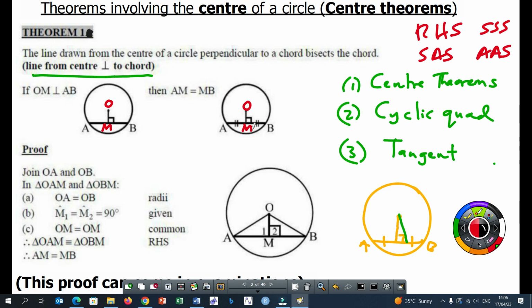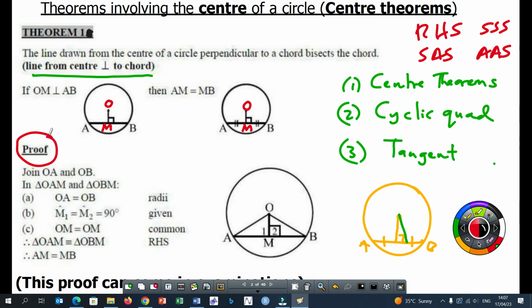If OM is perpendicular to AB, it therefore means that AM is equal to MB, or that the chord AB is bisected. So we need to prove that. This proof is examinable.